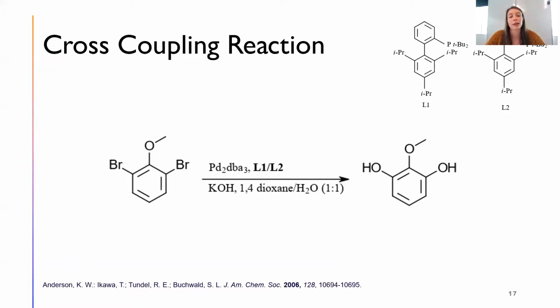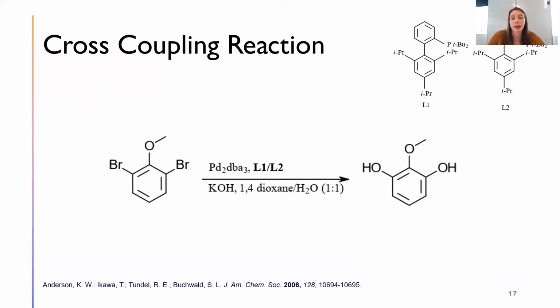And so what you can see here is that the paper that we looked at only used this reaction to take one bromine on an anisole and transform it to one hydroxyl group. But we wanted to do a dibromine to dihydroxyl. And so we had to figure out what reaction conditions would be the most favorable to get the product that we're trying to get.